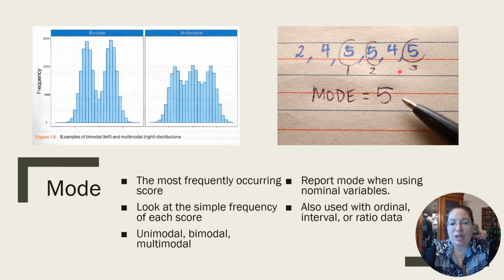Within this example here, our mode is 5 because that occurs 3 times within our distribution. This can be either unimodal, bimodal, or multimodal. So if you have more than 1 mode, that's what's known as a bimodal distribution. And multimodal is where you have 3 or more modes.